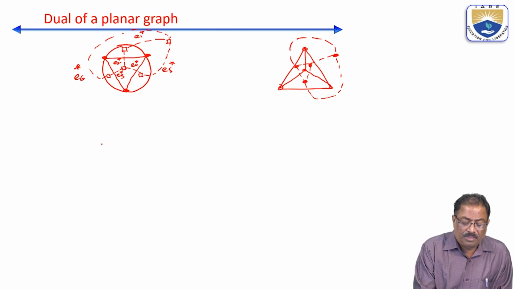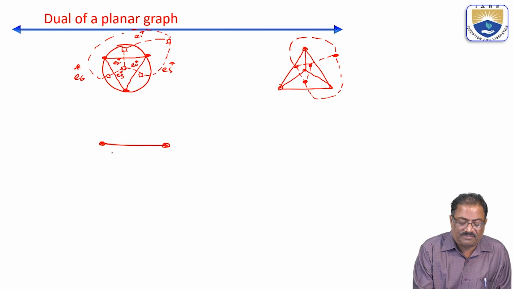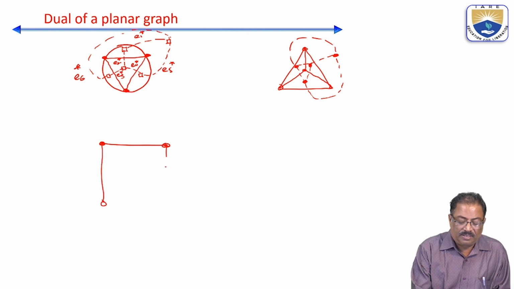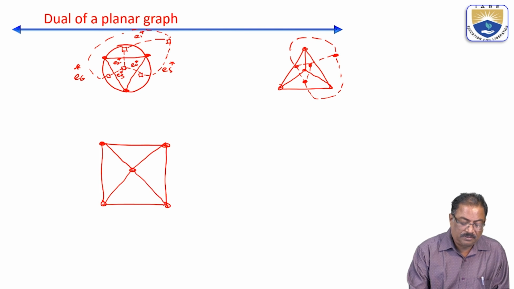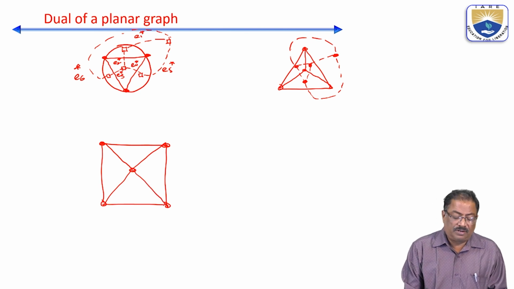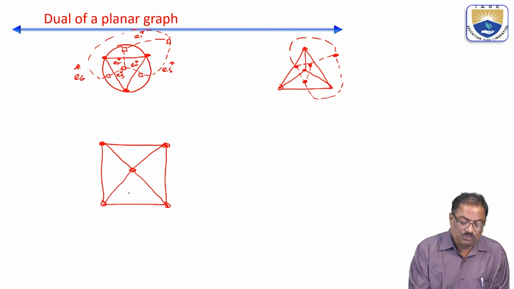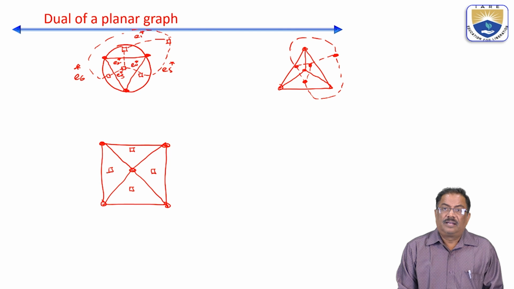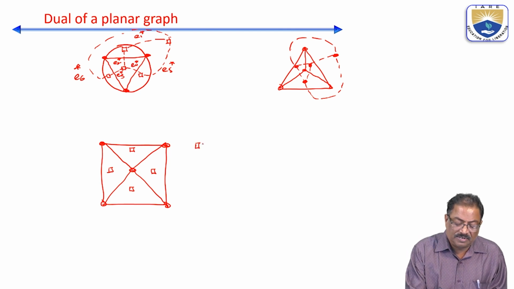And let us consider another graph. Let us say the graph is like this. Now see here, this is another planar graph. Now the regions are 1, 2, 3, 4, and 5 is the outside region. We take the regions as vertices, and next outside we consider like this.